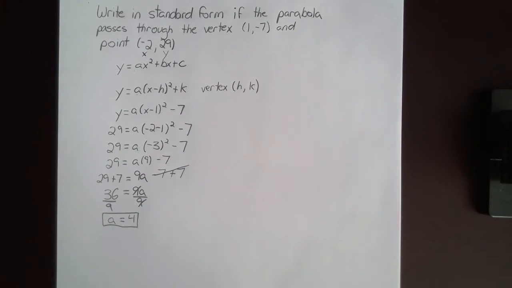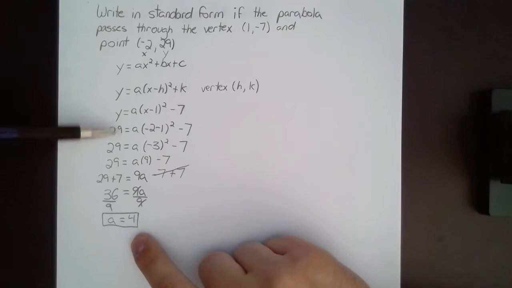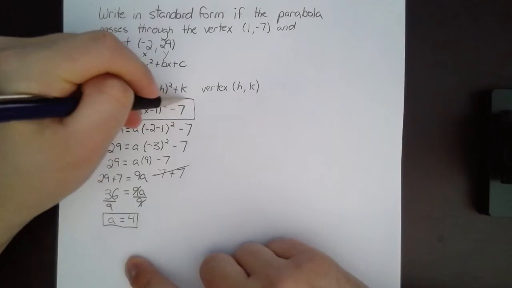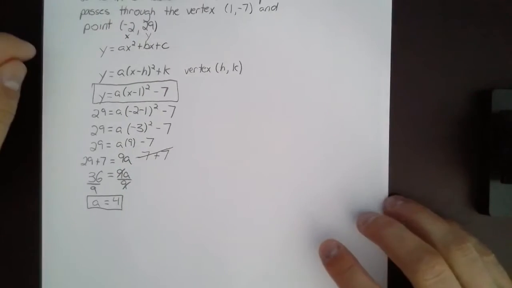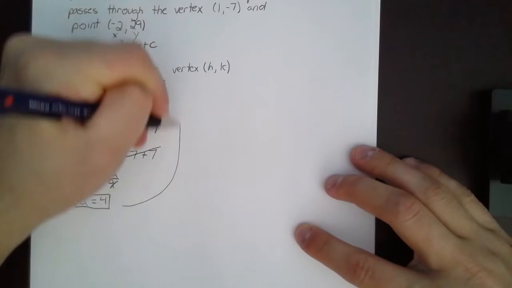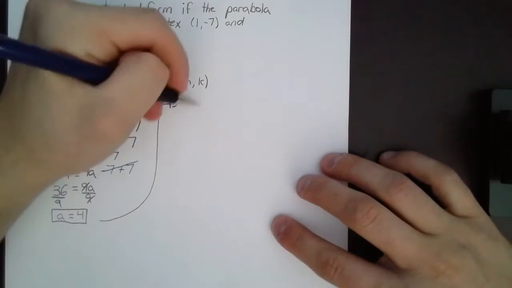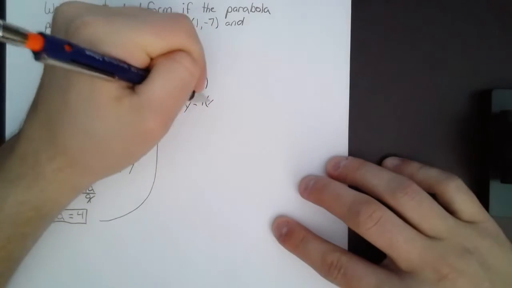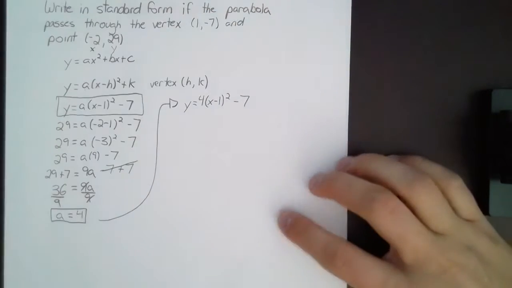So now that I know this, I can substitute a back into my equation here. Okay, so I'll work on this side over here. So now I have y equals 4(x minus 1) squared minus 7.